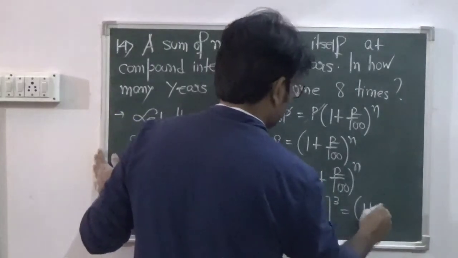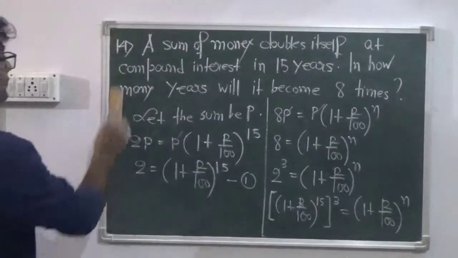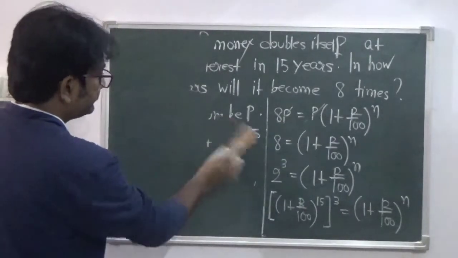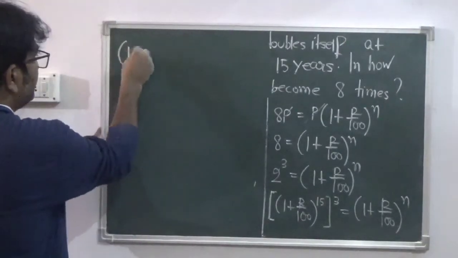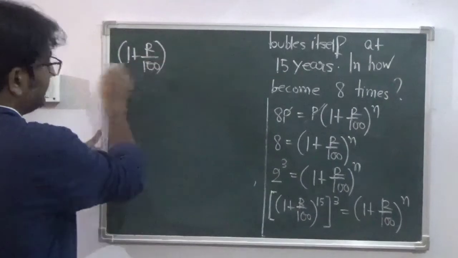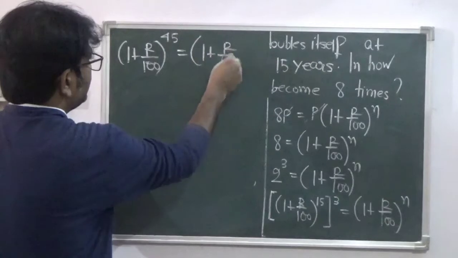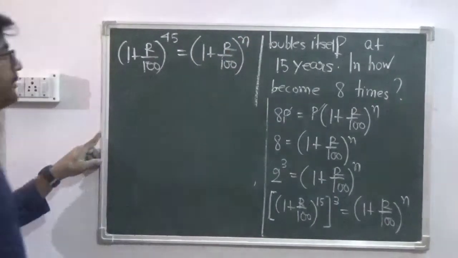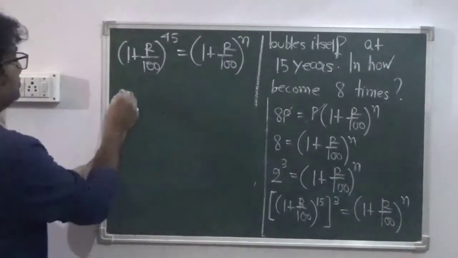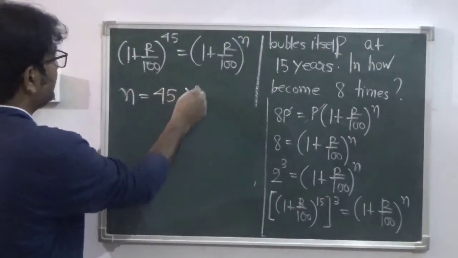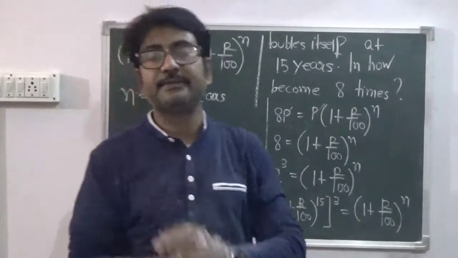So on the left hand side it is (1 plus r by 100) to the power 45 equals (1 plus r by 100) to the power n. If you compare both sides, the bases are the same, so the powers will also be the same. So n equals 45 years. The sum will become 8 times of itself in 45 years.